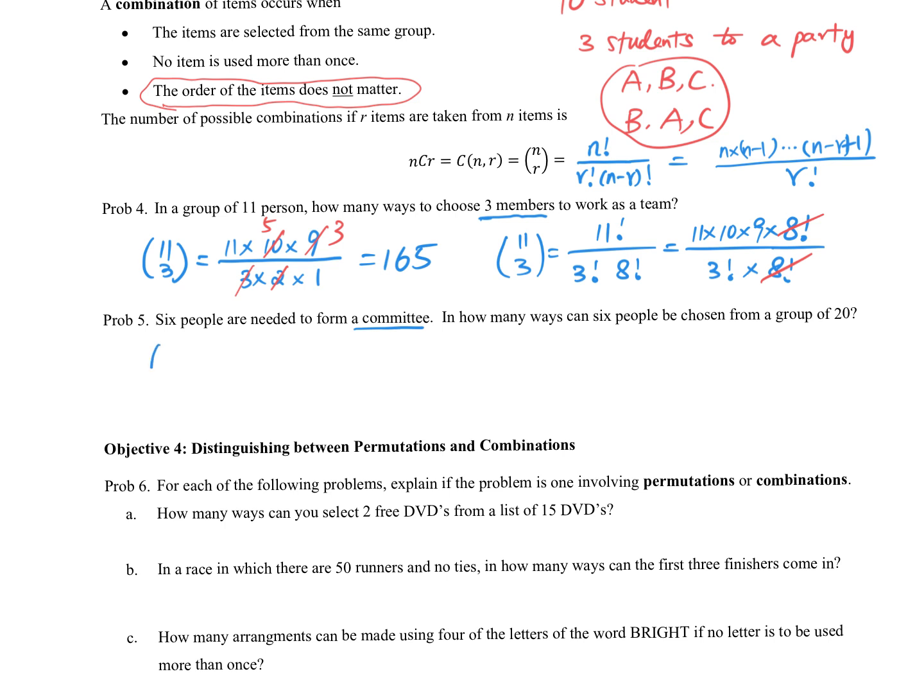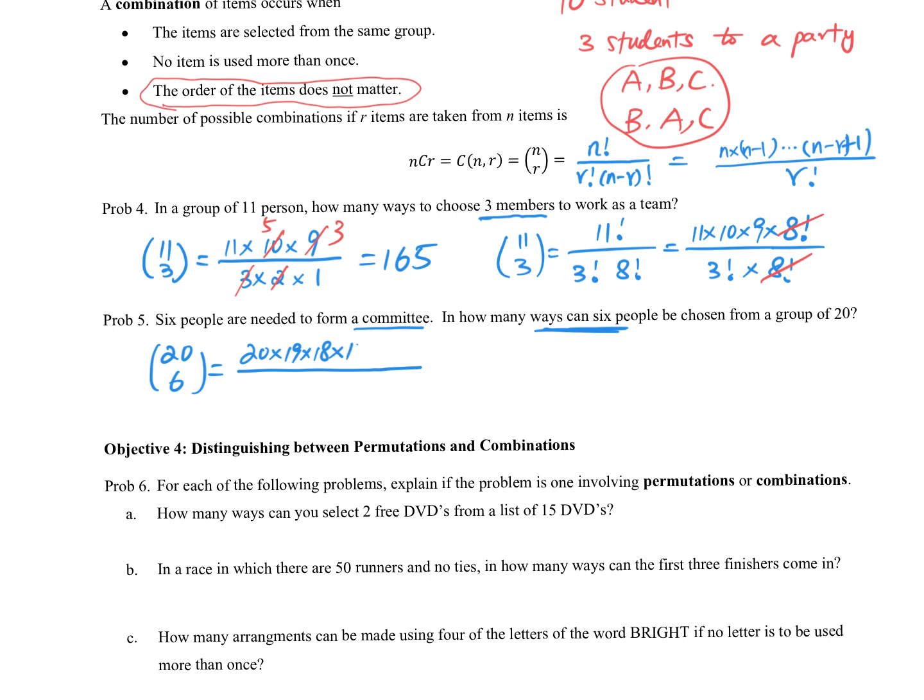So in this case, we just want to see how many ways to choose 6 people from 20 people, right? So 20 choose 6, which will be 20 times 19 times 18. You should pause and ask yourself, when should you stop?